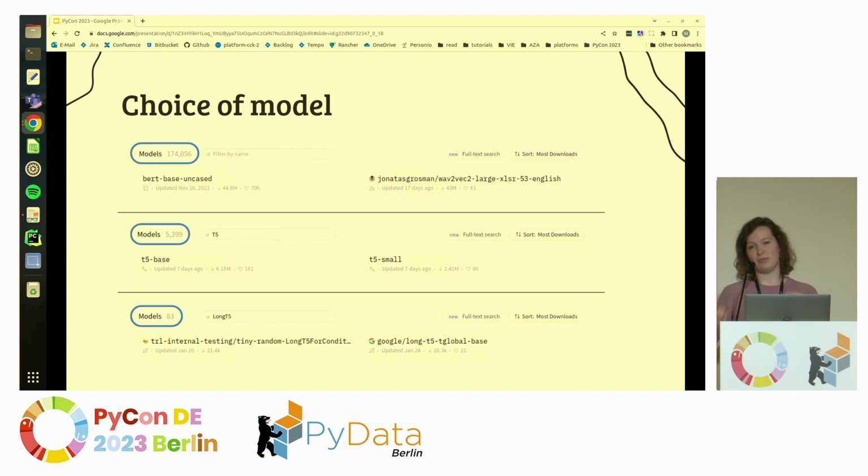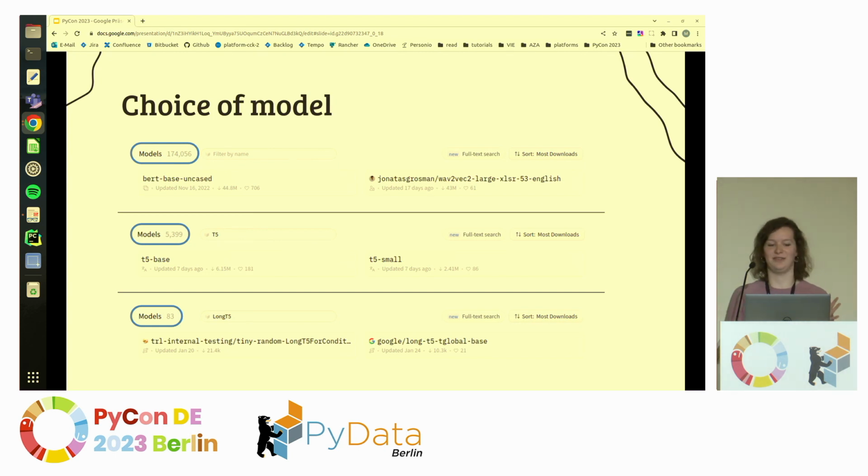And then if on top you also want the efficient attention, that would make it LongT5, then, well, you're down to 83 models you can choose from. And then it becomes more likely that you can't find a model for your language, your domain, fine-tuned on your task, and in the size you were actually looking for. So choice of model would be my first advice.